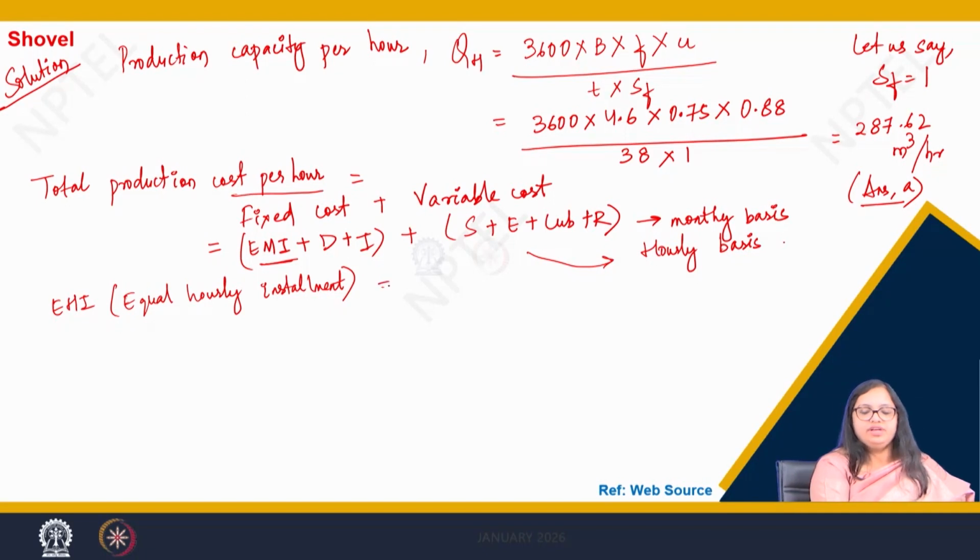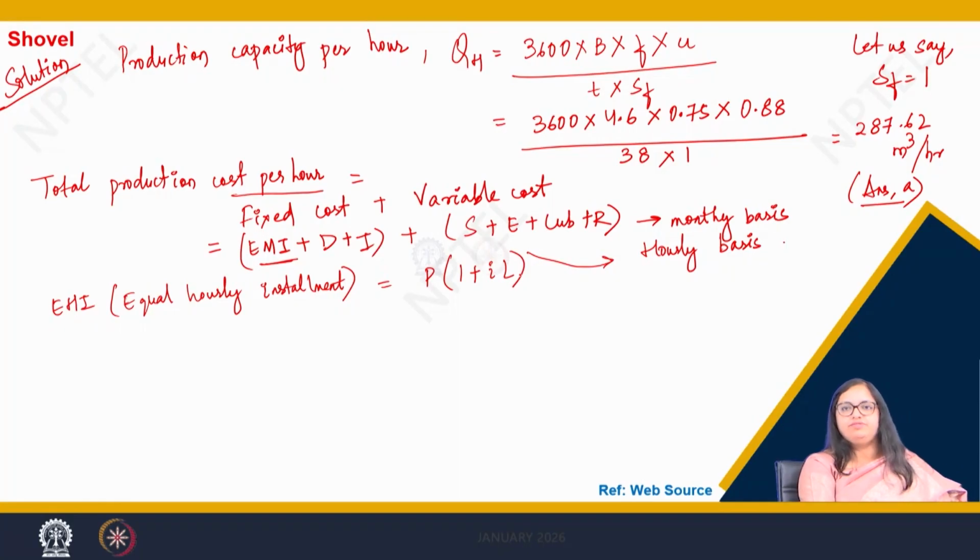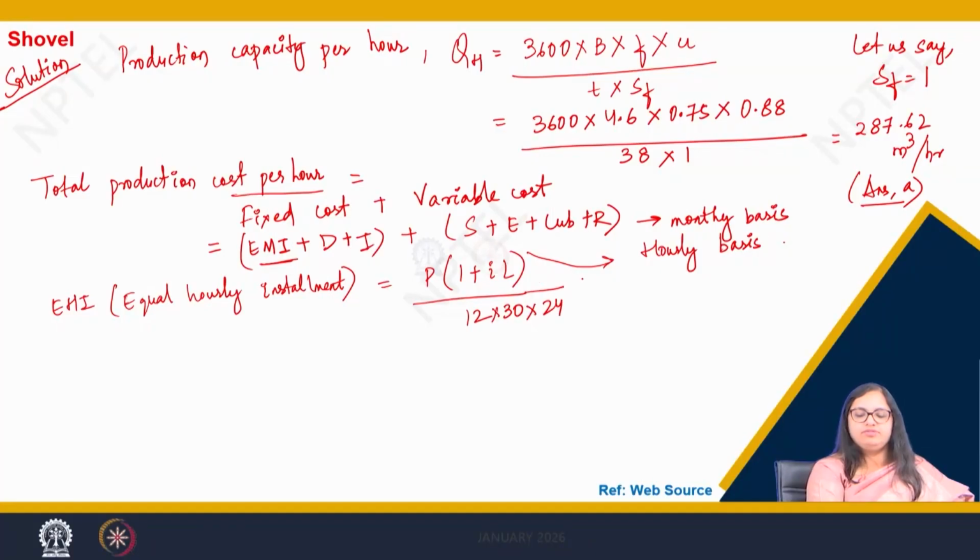So, how do we find it? That is purchase price multiplied with 1 plus interest with the life, multiplied with the life of the machine, divided by 12, that gives me the monthly basis, right. If I want hourly basis, I have to multiply the number of days, that is 30, multiplied with number of hours, that is 24.